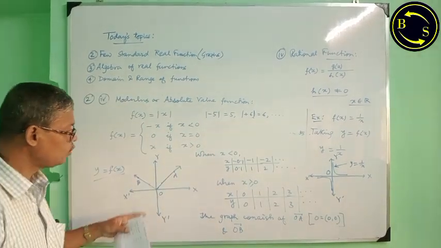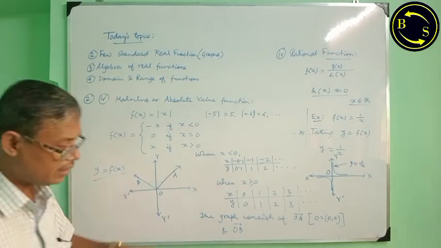The graph will consist of two rays OA and OB. Here O is the origin.